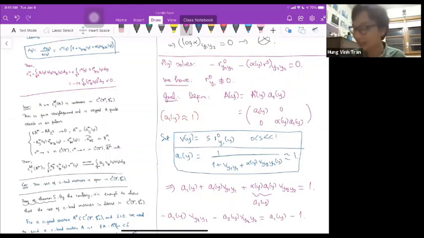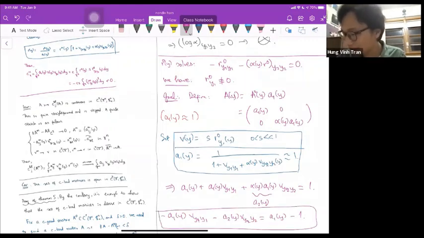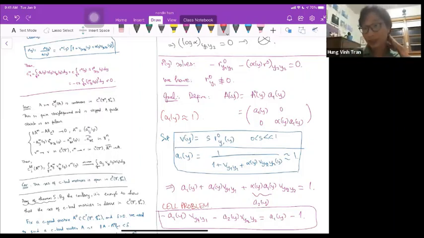So this is exactly our cell problem. Given this linear operator and given a1 of y, I need to find a constant on the right so that everything is solvable.